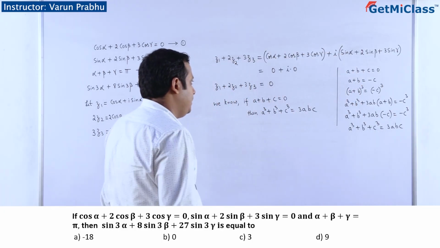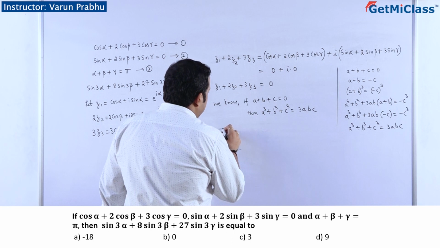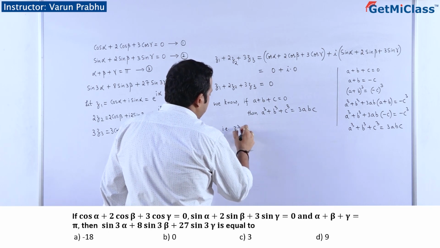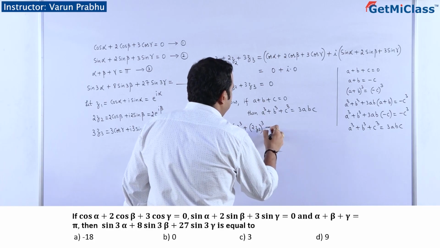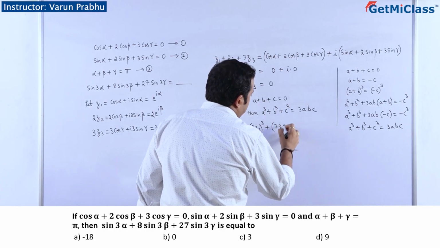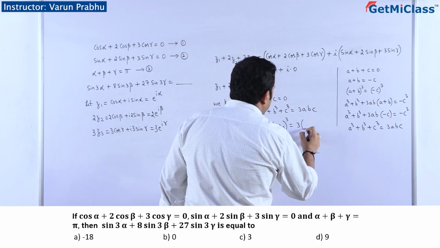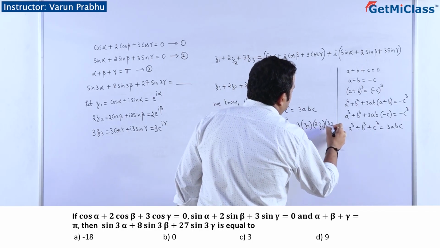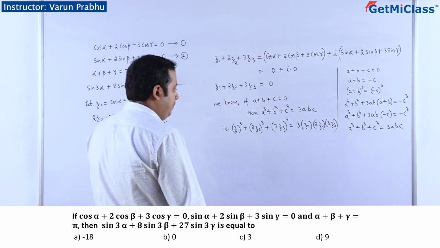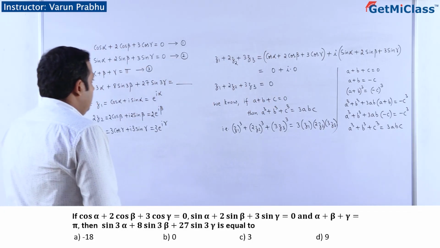So I can write now, z1 cube plus 2 times z2 cube plus 3 times z3 cube, that is equal to 3 times z1 into 2z2 into 3z3. Correct or not? Yes.